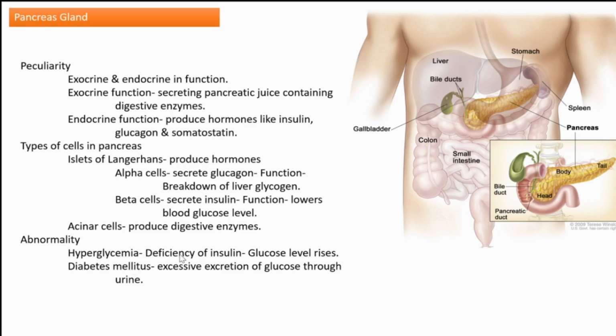Hyperglycemia means a deficiency of insulin. As insulin is deficient, there may be a rise in the level of glucose. That rise in glucose level may lead to excessive excretion of glucose through urine. That condition is called diabetes mellitus, excessive excretion of glucose through urine. That's about its abnormality.